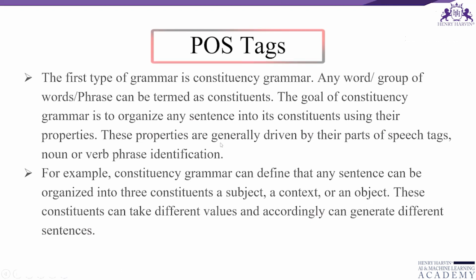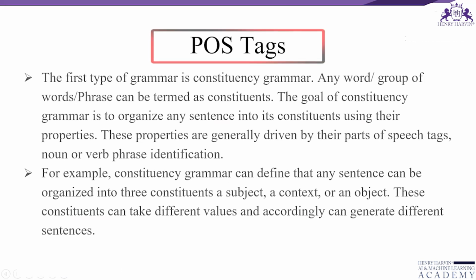The goal of constituency grammar is to organize the sentence into its constituents using certain properties. These properties are driven by part-of-speech tags or noun or verb phrase identification. For example, constituency grammar can define that any sentence can be organized into three constituents: subject, context, or object. Clear with that?